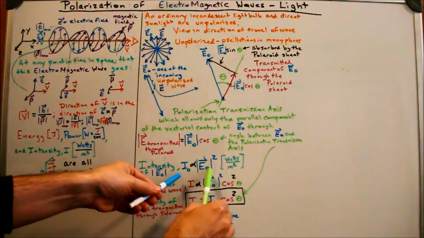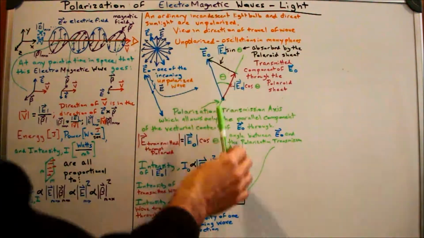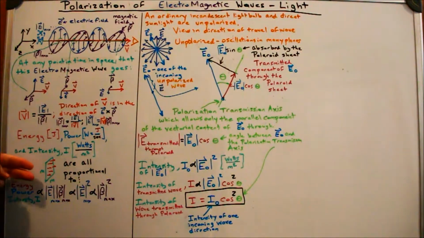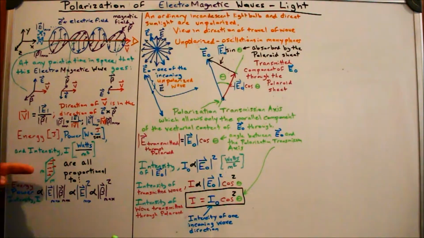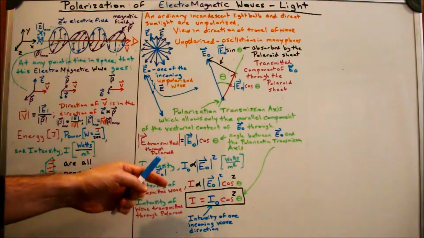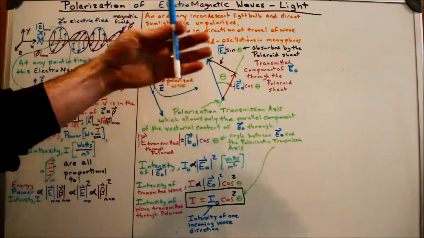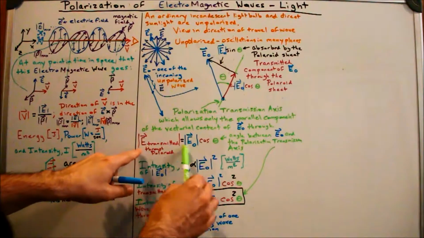So here was my intensity of my incoming signal, just that magnitude squared. And intensity, recall, is the power per unit area perpendicular to the direction of travel of the wave. So it's in watts per meter squared. That's the intensity coming in before it gets to the Polaroid sheet. Now what gets through the Polaroid sheet has this amplitude.